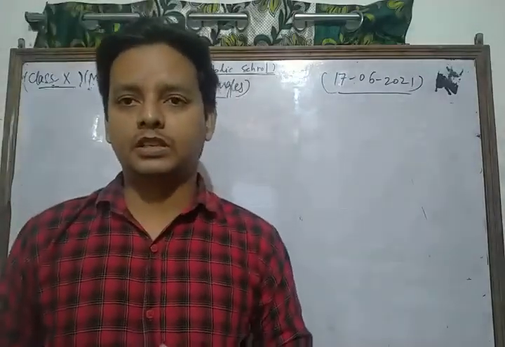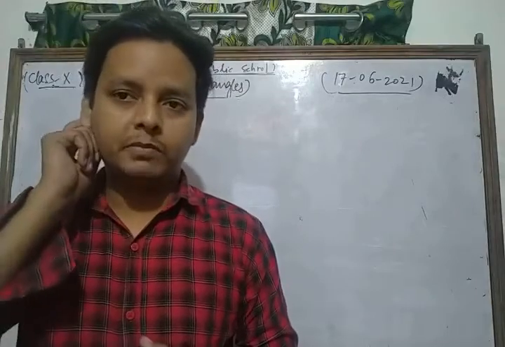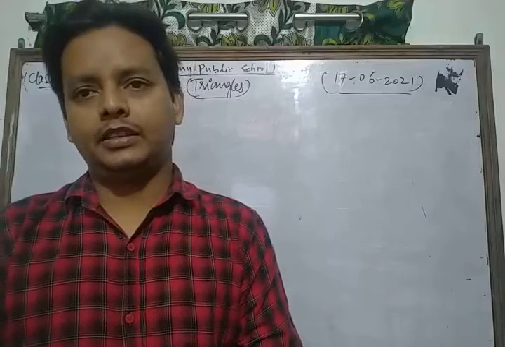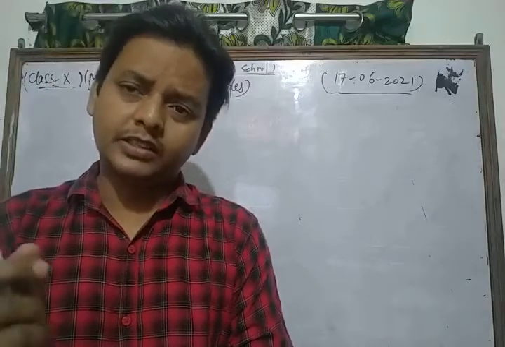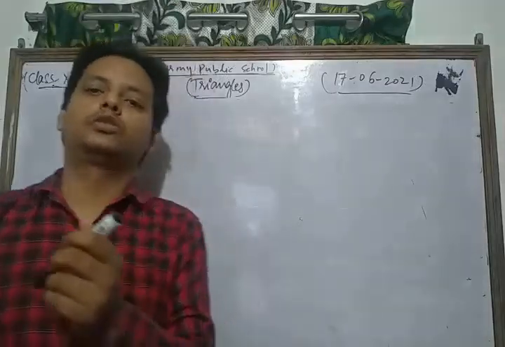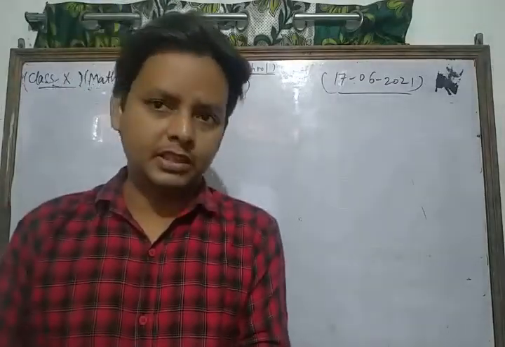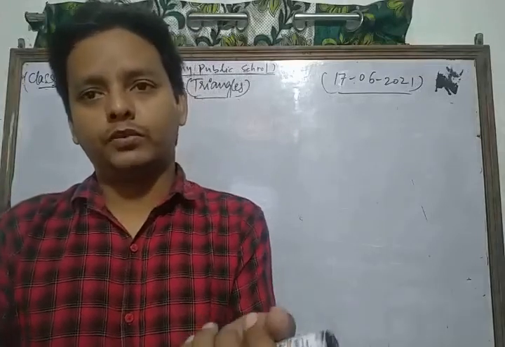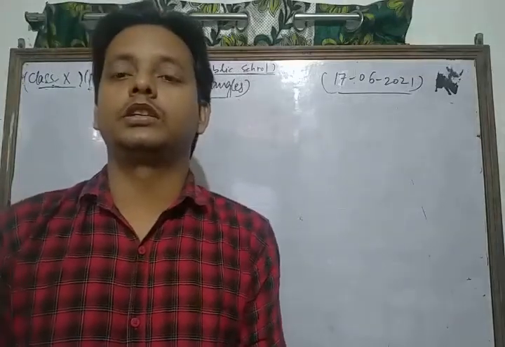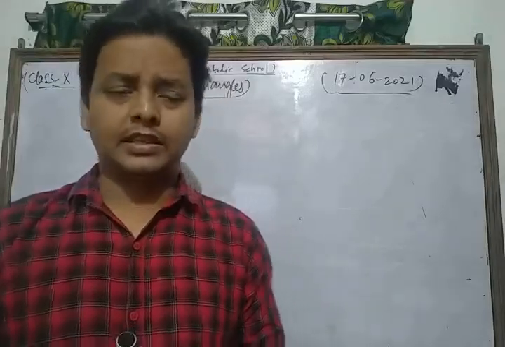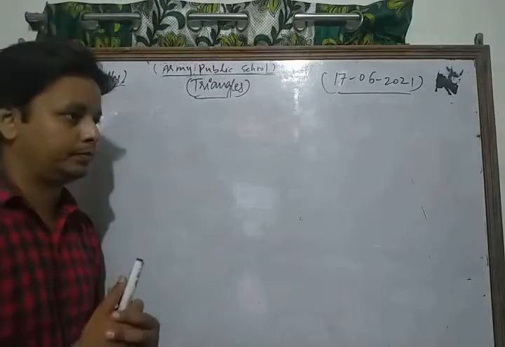Dear students, in the previous class we discussed a very important chapter of your syllabus, which is triangles. In that chapter we already discussed the Thales theorem, and we solved some important questions based on the Thales theorem or BPT, the basic proportionality theorem. In the previous class we also started a new topic of that chapter, the criteria for similarity of triangles.